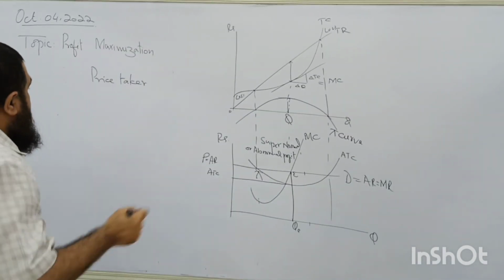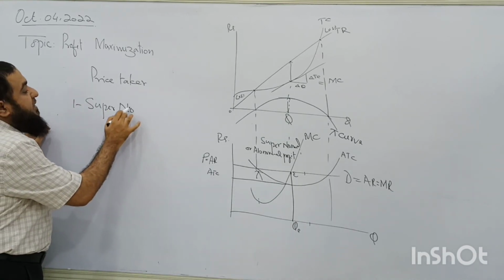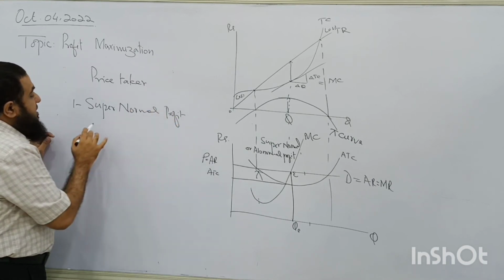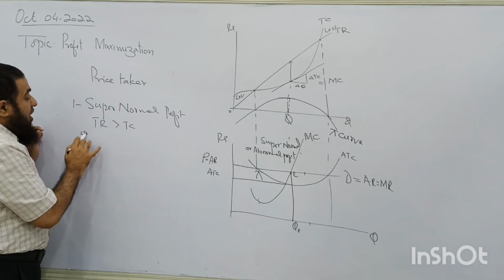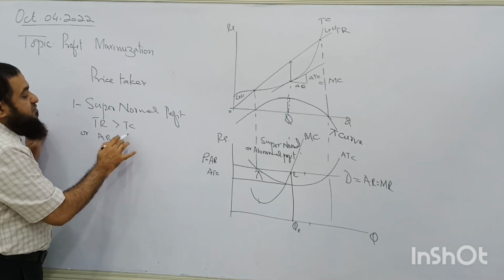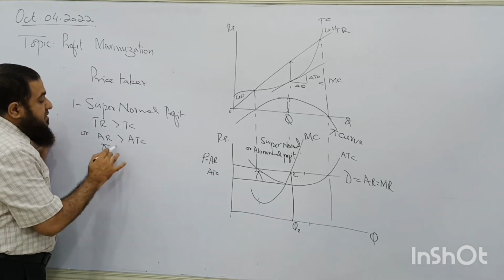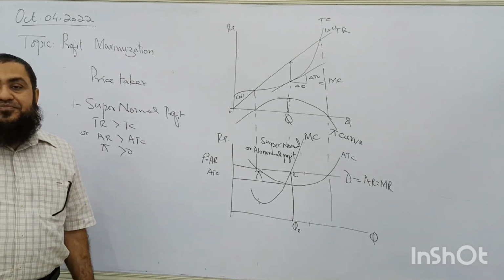One is supernormal, supernormal and abnormal profit. And what is it? When total revenue is greater than total cost, or average revenue is more than average total cost. So profit is positive. This is called supernormal profit.